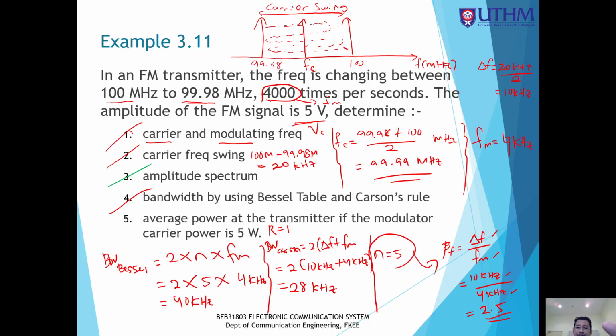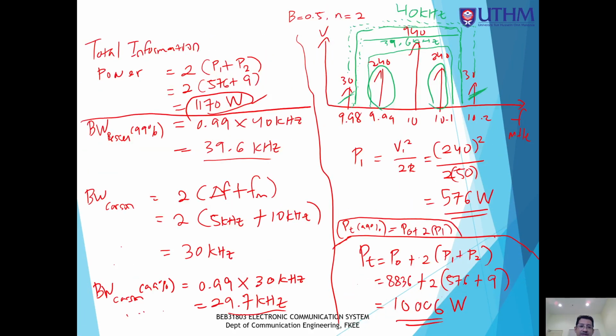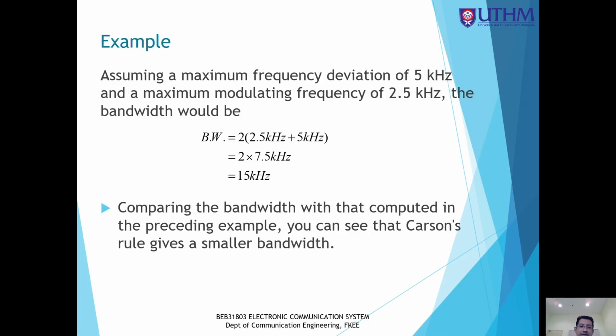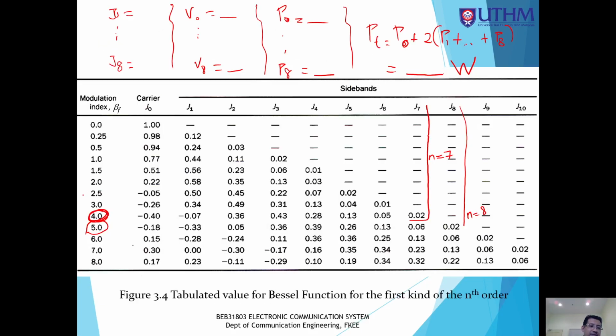From 2.5, I go to the Bessel table. For modulation index 2.5, we get the number of significant sidebands as 5, so n equal to 5.